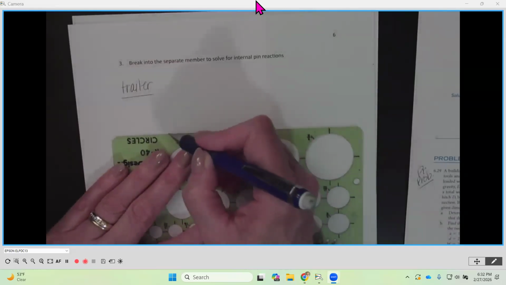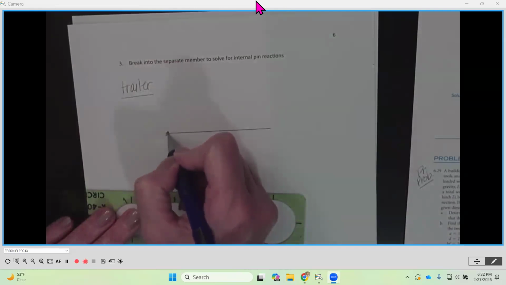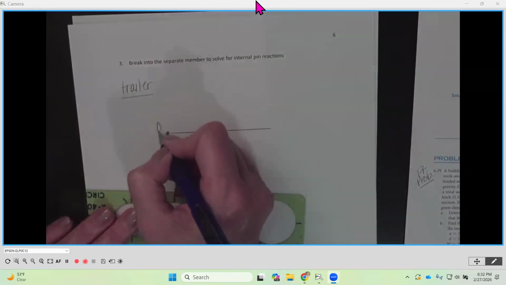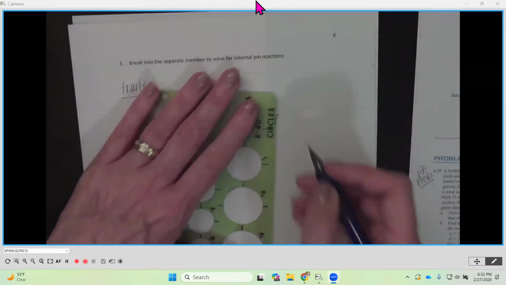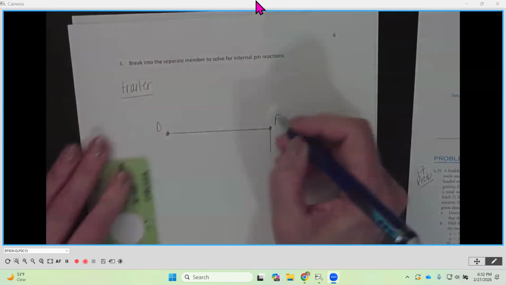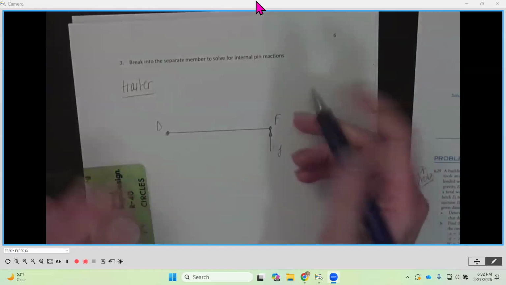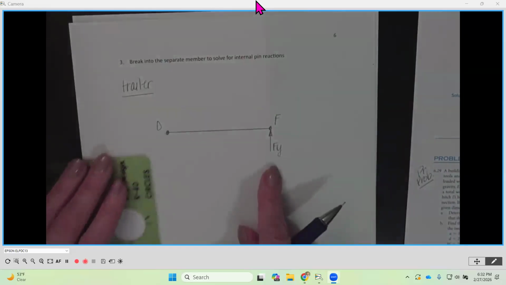Okay. The trailer. So here, I'm just going to draw my horizontal line representing the trailer. The left-hand side here is going to be D. Okay, so this is my pin at D. This side is going to be F. And I know that there is a roller that is there. So it's going to be my FY. It's one of those external reactions.